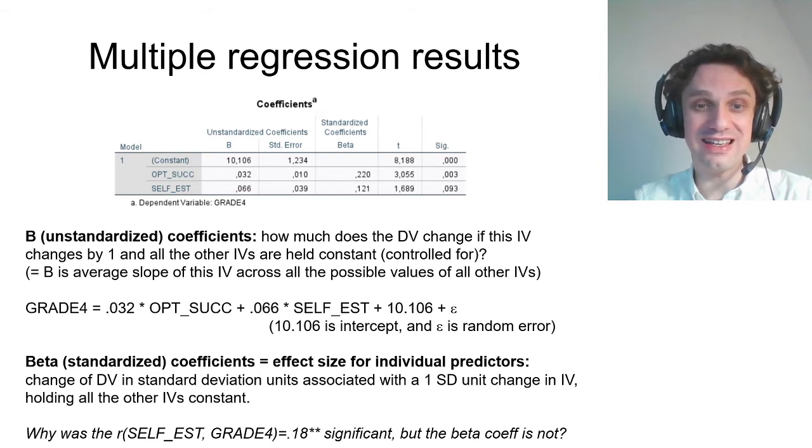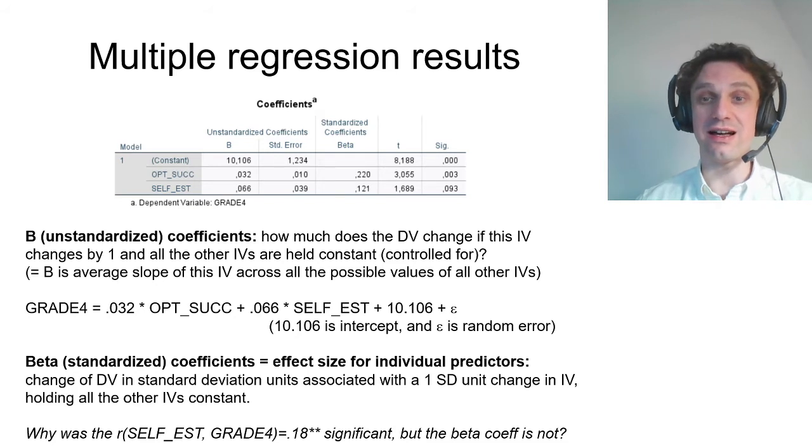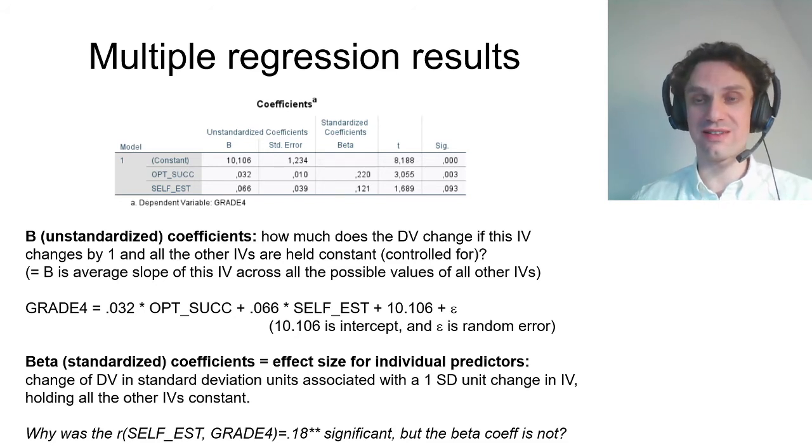So B is basically a slope of the line that links predictor to criterion. And an interpretation of B coefficient is by how many points would the dependent variable change if this predictor changes by 1 point, and if all the other predictors in the model are held constant. We can say controlled for.